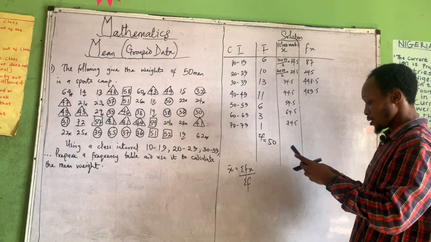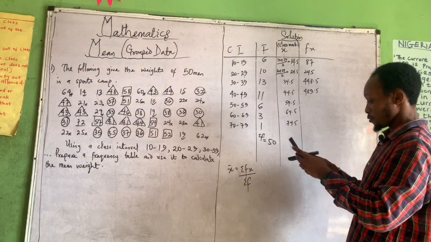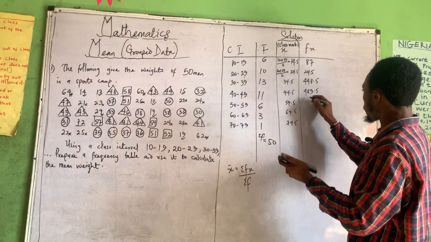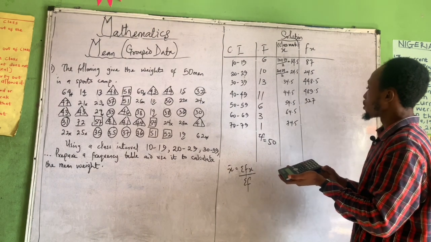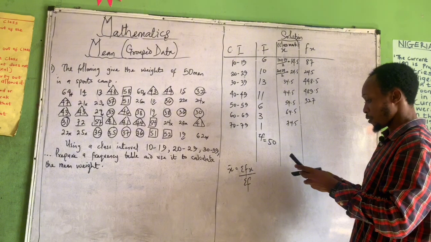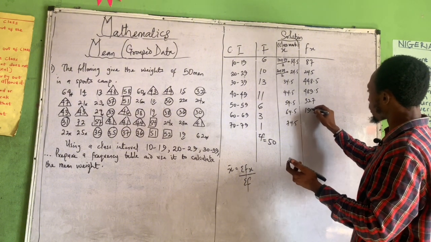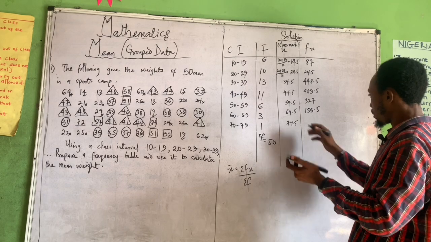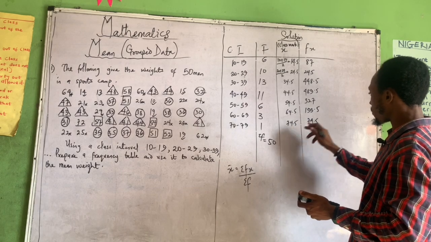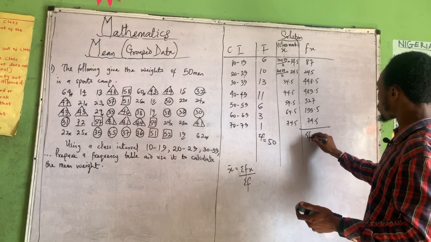So we have 6 times 54.5, so we have 327. 64.5 times 3, so we have 193.5. Then the last one is 74.5 times 1.